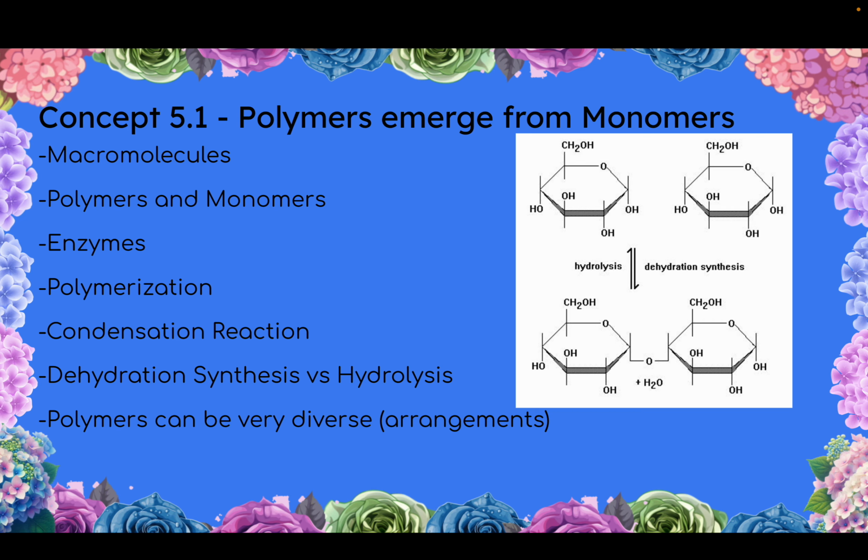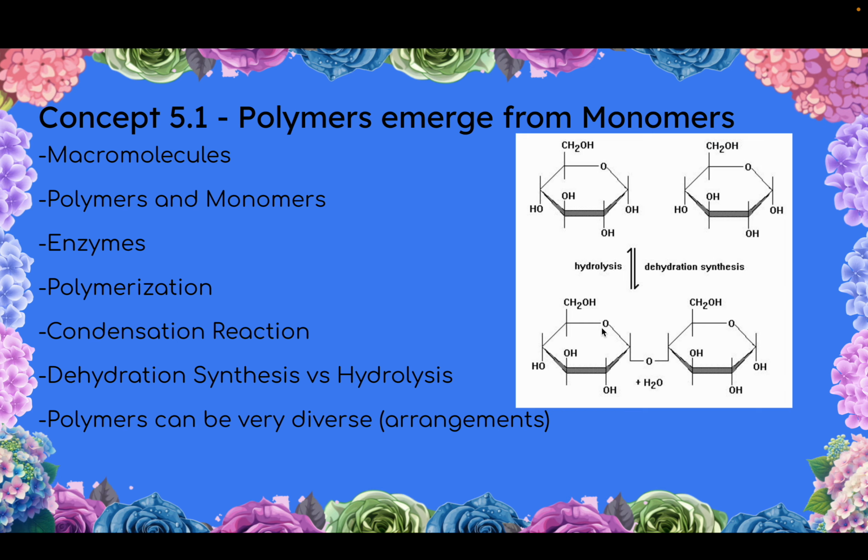A condensation reaction is a reaction where a bond is formed with the loss of a molecule, and a dehydration reaction is a form of condensation reaction where the molecule that's lost is water. The opposite of dehydration reaction is called hydrolysis. Hydrolysis is when a bond is broken by adding water. So it's just the exact reverse.